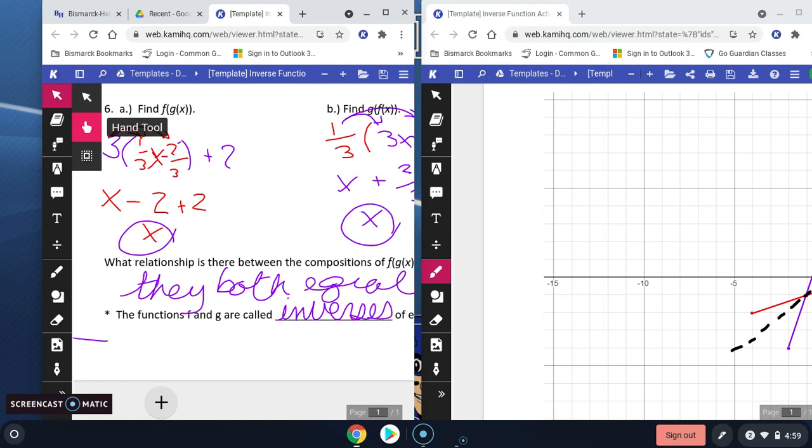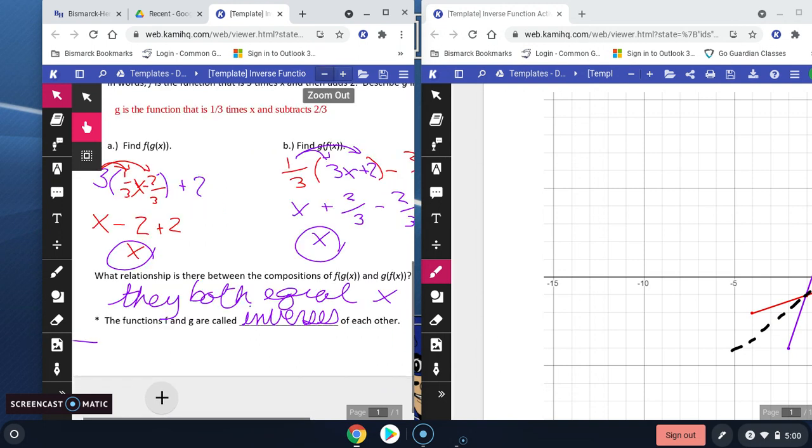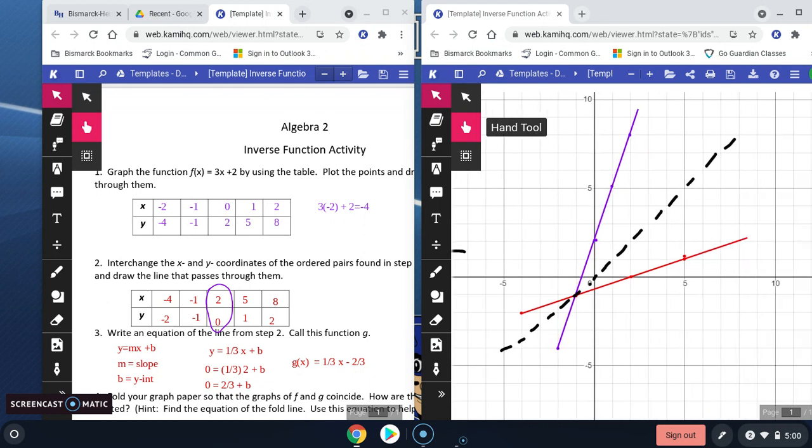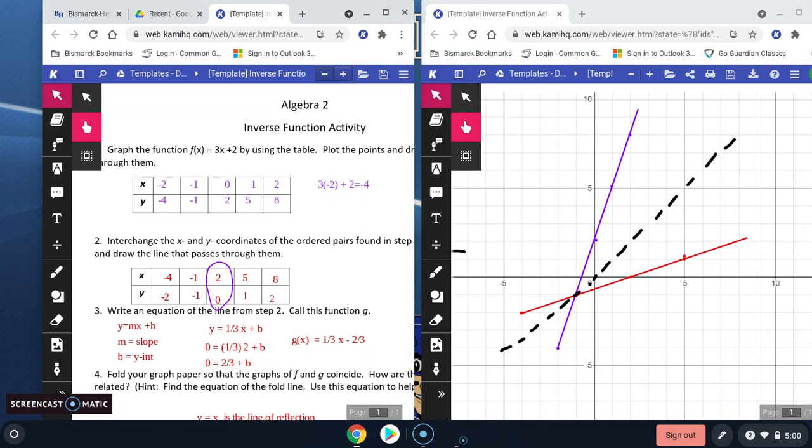Okay, and again, there's 3 ways that you can tell whether or not you have inverses. Okay, so the 3 ways are what we started at the very beginning. Okay, so if you look at tables of their values, you will see that their points are flip-flopped from each other. Okay, so I can tell if my functions are inverses by looking at a table of their points.